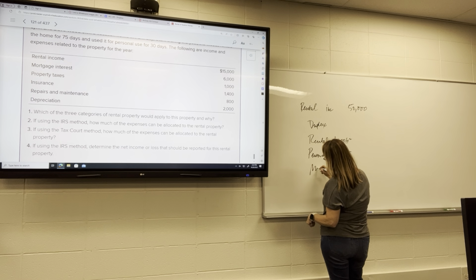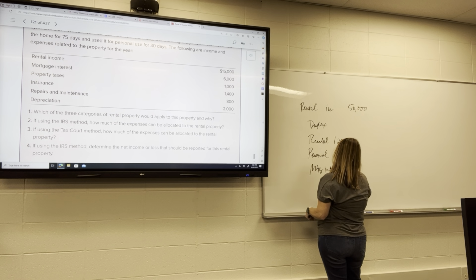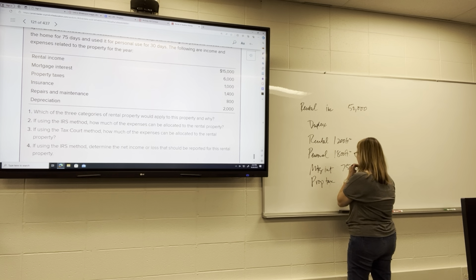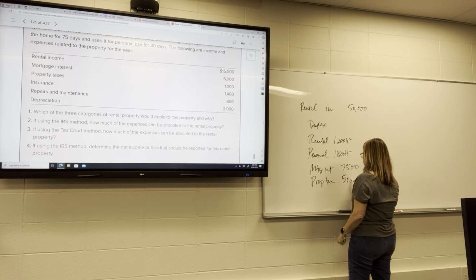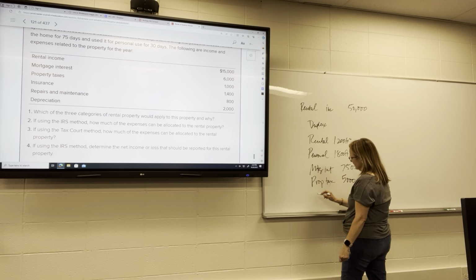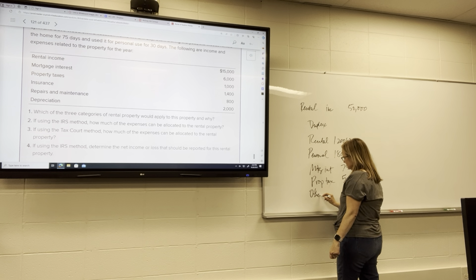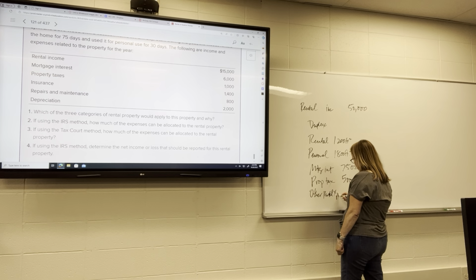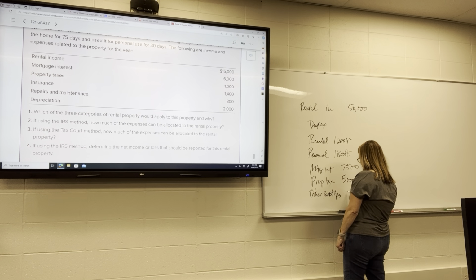We had mortgage interest of $7,500. We had property taxes of $5,000, and we had other rental expenses. These are just rental, of, say, $20,000.